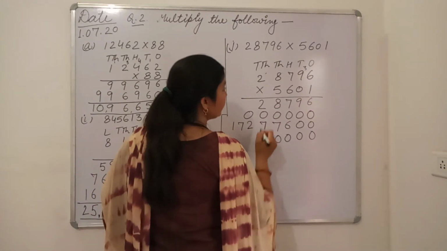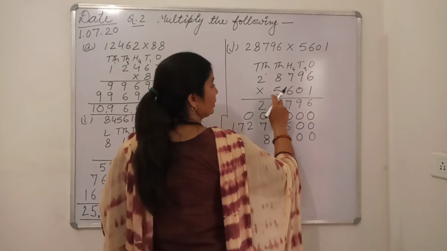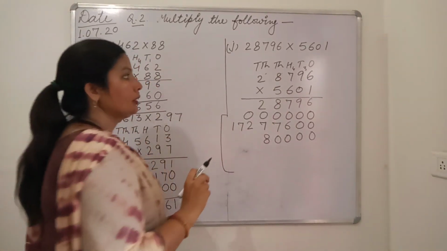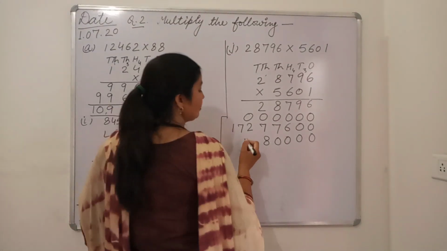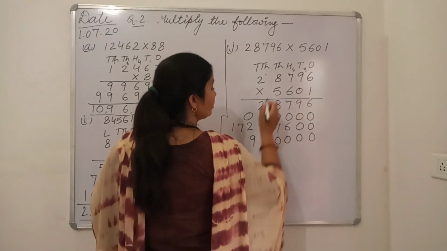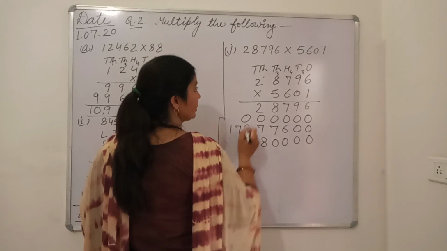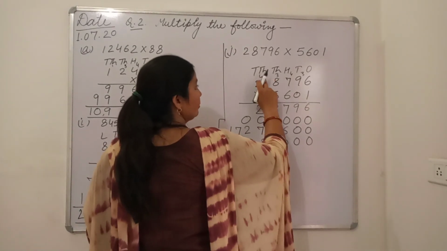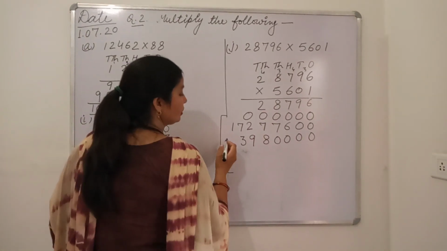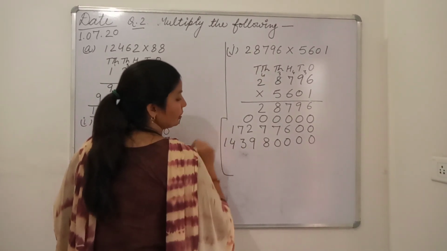Plus 3, 48. 4 goes carry. 5 7s are 35. 35 plus 4, 39. 3 goes carry. 5 8s are 40. 40 plus 3, 43. 4 goes carry. 5 2s are 10. 10 plus 4, 14. Okay.